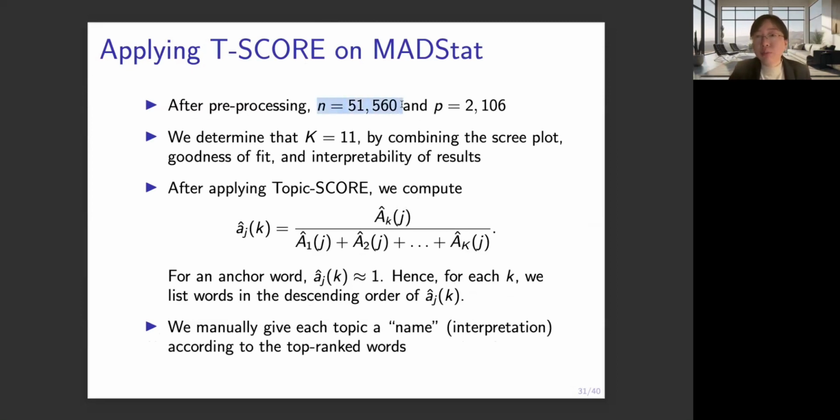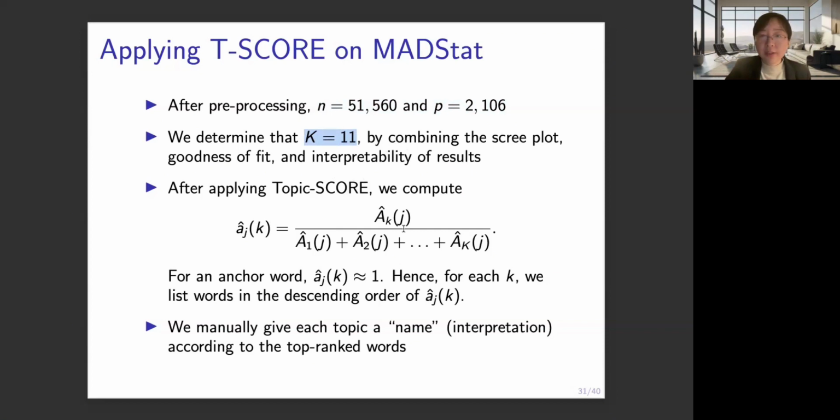We did some pre-processing of removing extremely short documents, stop words, and extremely low frequency words. These are the dimensions N and P we finally implemented. How to choose the number of topics is a question that deserves a separate discussion. In this paper, we just choose K by combining different approaches, and we find K equals 11 is a good choice.